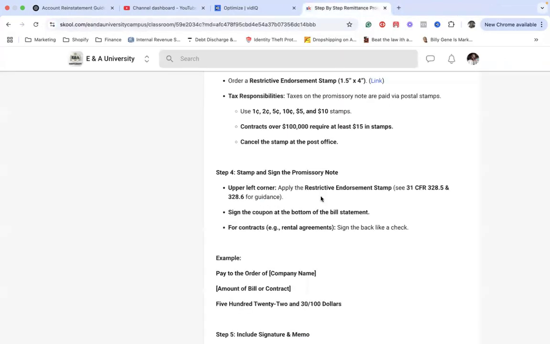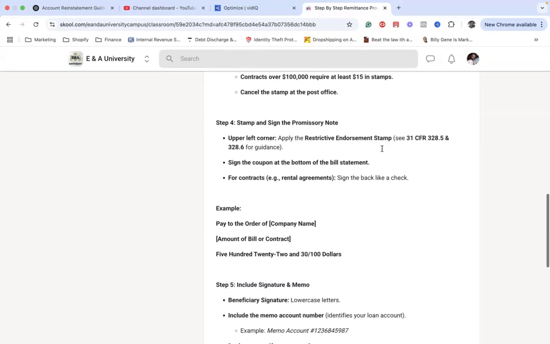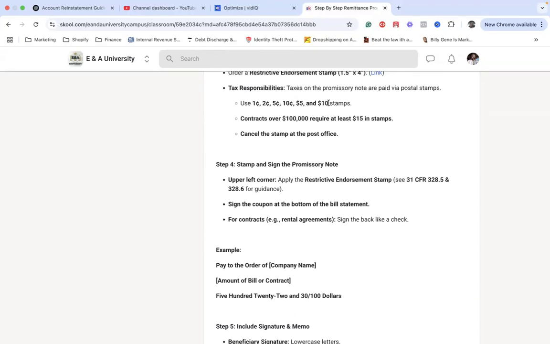I'm gonna figure it out. I won't do it here. I want to get straight to it, and then I'm gonna add it to this so that it's easier for you to figure out how you can calculate this. As far as I know, you can be working with the 5, 10 cent stamps in the meantime, because remember the value of 100K would require at least $15. So you're not looking to buy $5, $10 stamps right off the gates unless your bills, your securities and your bonds, are fairly large.